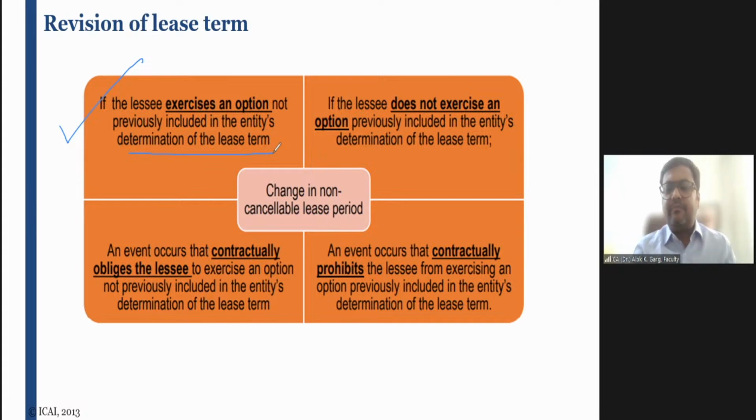Because the financial health of the lessee has significantly deteriorated and the lessor has agreed to support the lessee, and the lessor told, don't worry, for the next 10 years, whatever market rental is there, you can pay me 25% lesser rent than the market rental, right? And of course, now there is a win-win situation and the lessee wants to continue in the same premises, right?